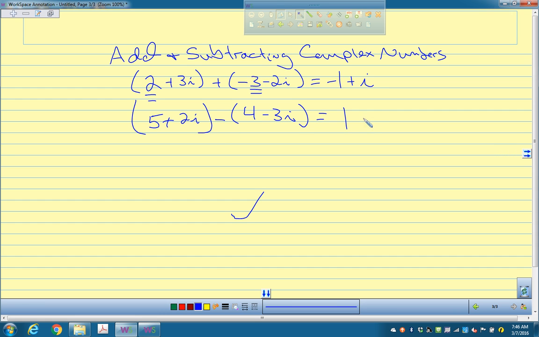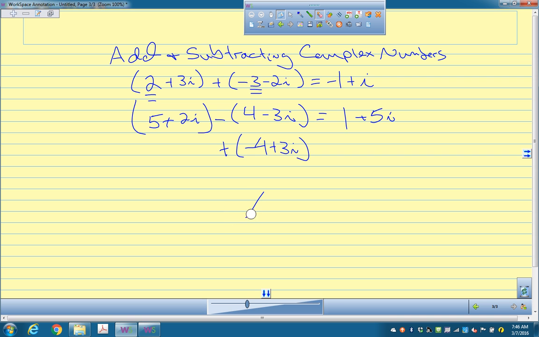So that becomes 2 plus 3, which makes 5i. Or you can rewrite this as a plus problem, so you could say it's plus negative 4 plus 3i. However you choose to do it, it works, all right? So it's just like combining like terms when you're adding complex numbers.